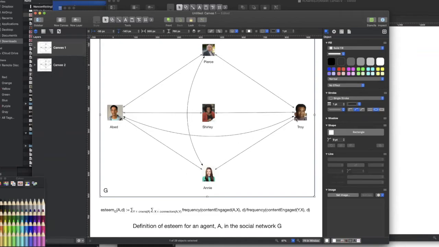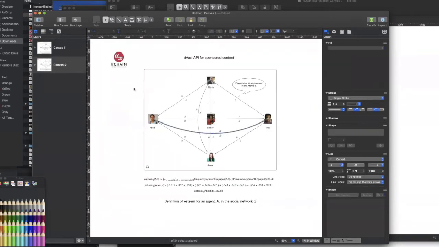So it turns out that Troy is also a connector between Abed and Pierce. Oh, looks like I'm missing even more arrows. Hang on a second. There we go.